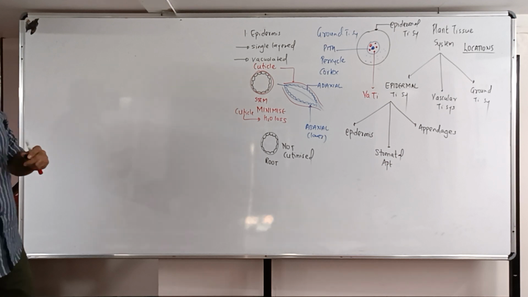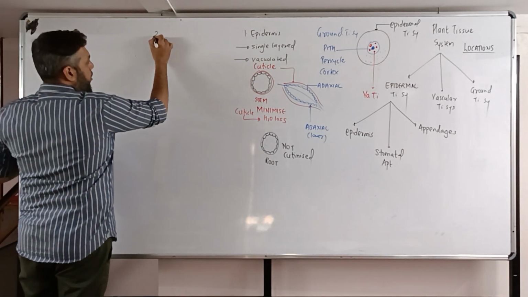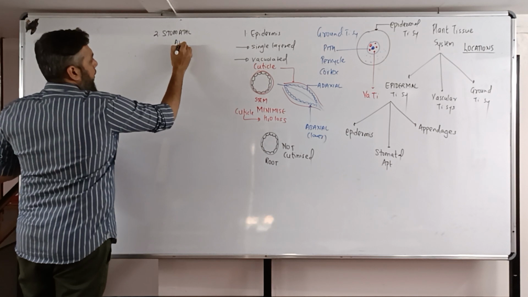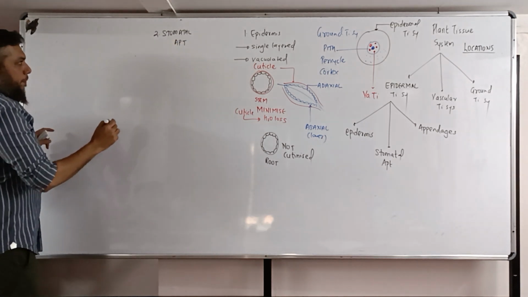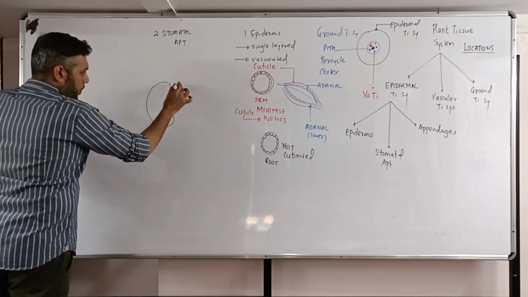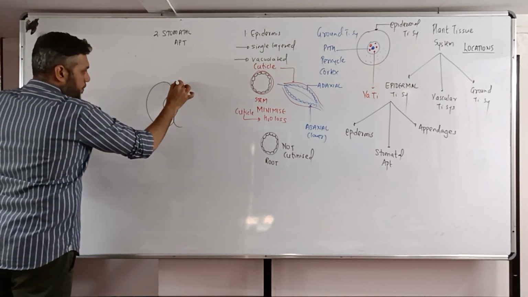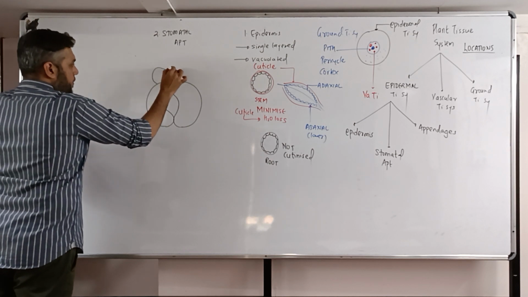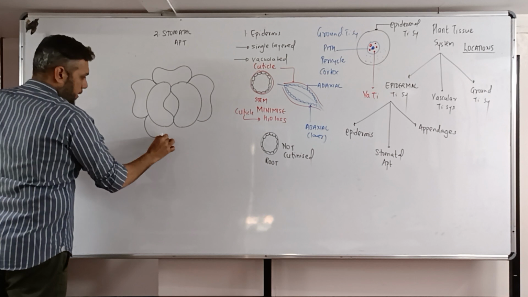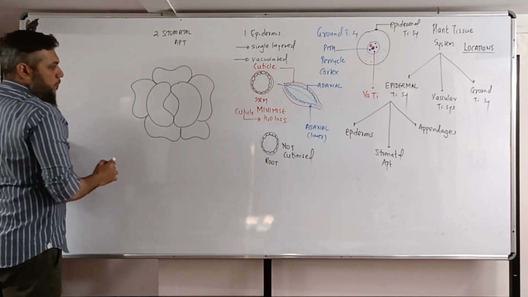Did you get it? Another important thing is the stomatal apparatus. So what are we discussing now? We are talking about the stomatal apparatus. Let me show you the stomatal apparatus, and what are the different types of cells that make up the stomatal apparatus?